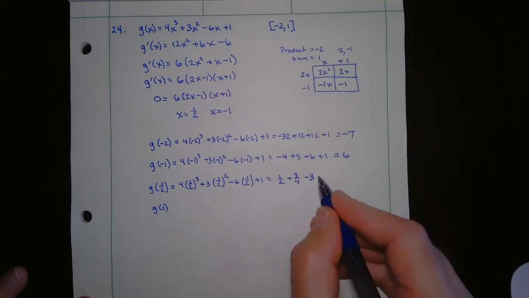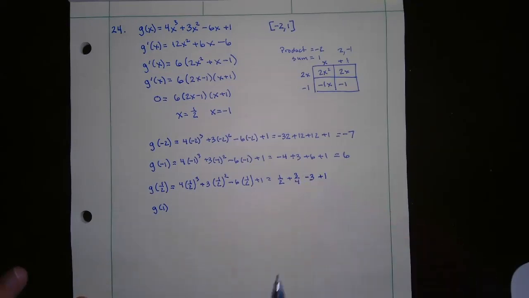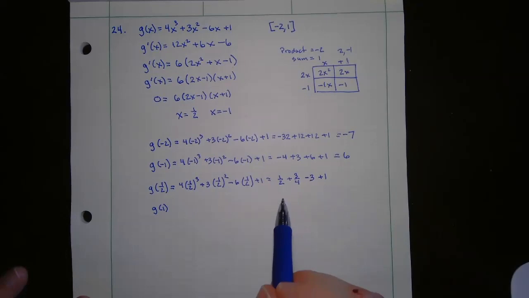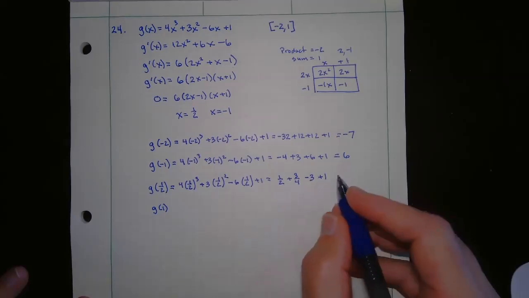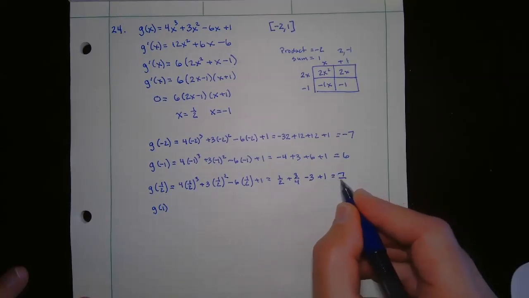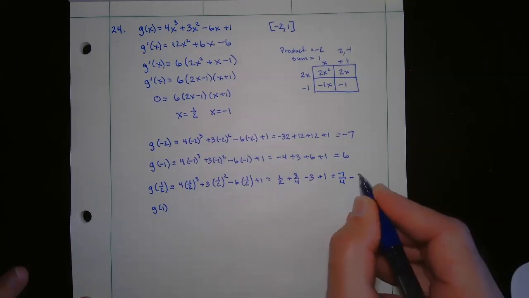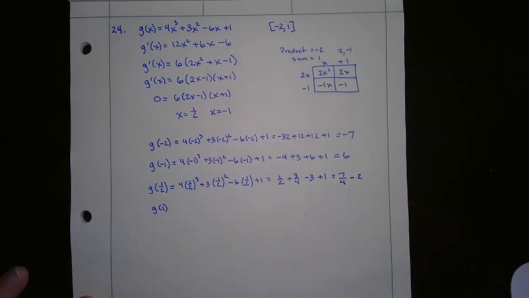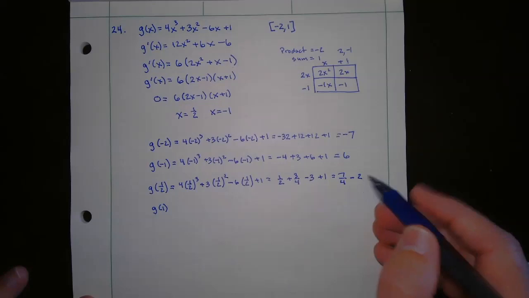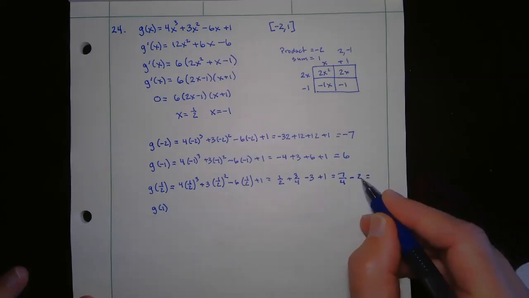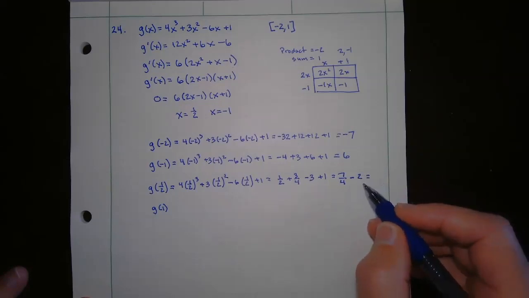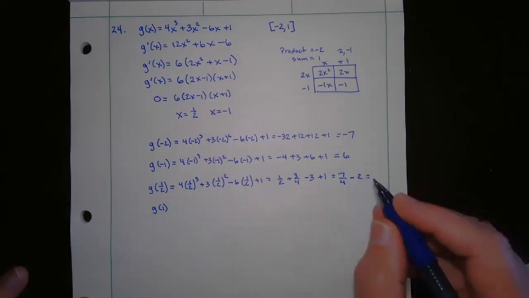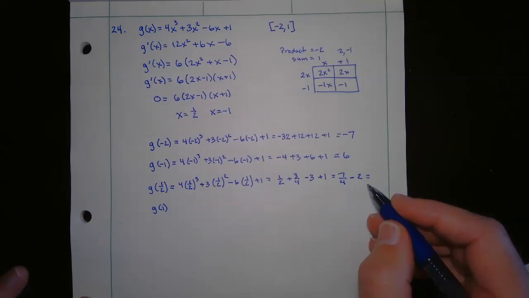And then plus 1. Okay, this is 2/4, which with this would make 7/4 minus 2, because -3 and +1 make -2. Okay, so this would be -1. This would be -8/4. So -8/4 and 7/4 makes -1/4.